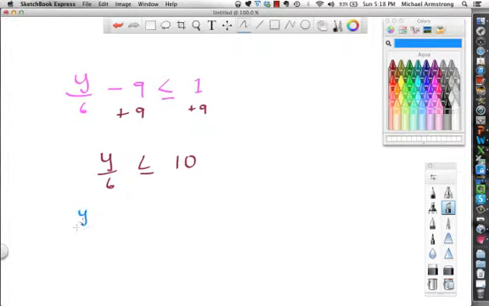So that's y over 6 times 6. You could write 6 over 1 just to help you make sure you see it. It's 10 times 6. So we multiply both sides times 6, and those 6's cancel. And so then our answer starts looking like y. It says 1y is less than or equal to 60.